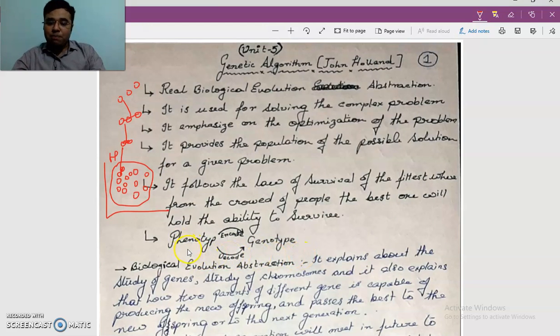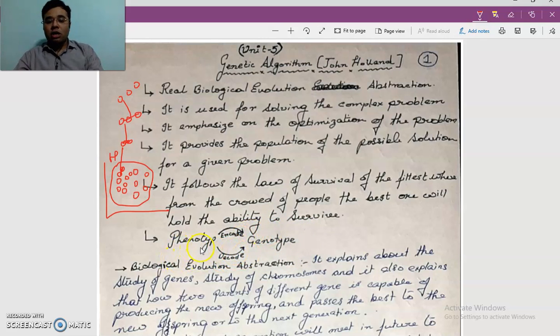Phenotype, as I have already discussed, is the raw data which is taken as an input to the algorithm. The phenotype is then encoded and turned into the processed data, which is ultimately known as the genotype in the genetic algorithm.